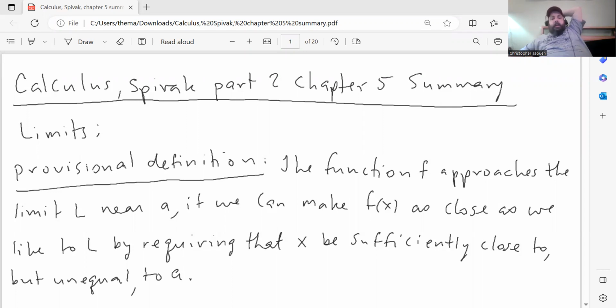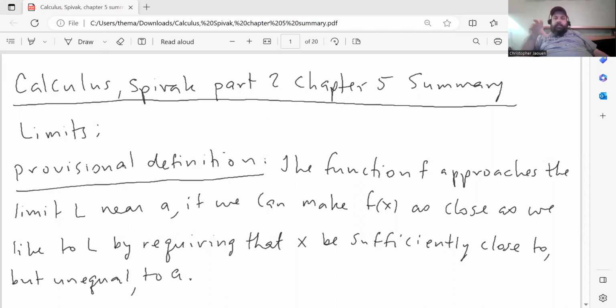He starts with a provisional definition of what a limit is, which I have written here. The function f approaches the limit L near A if we can make f of x as close as we like to L by requiring that x be sufficiently close to but unequal to A. What we want the notion of a limit to do is to capture what it means for a function to be getting close to a point in the range when you get close to some point in the domain, but not necessarily at that point in the domain.